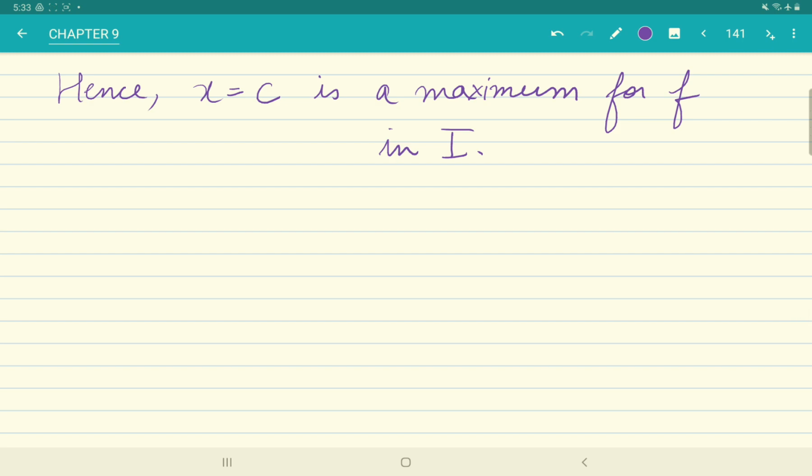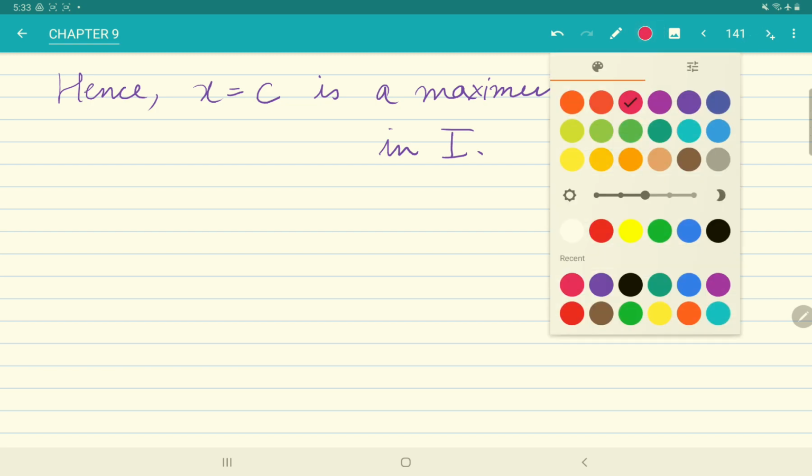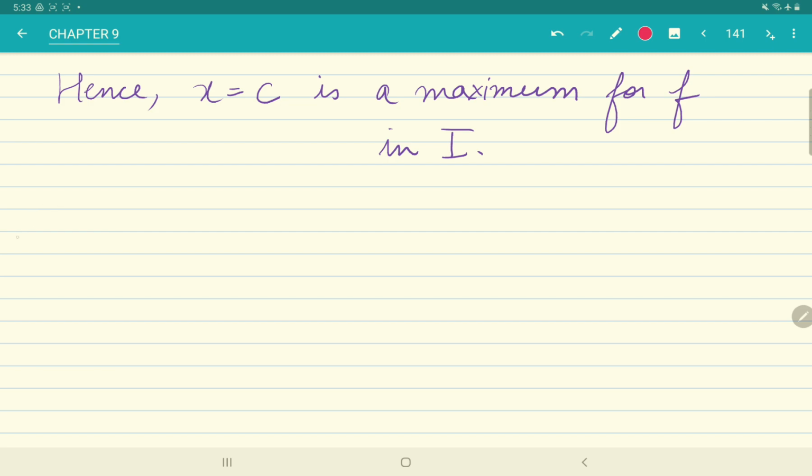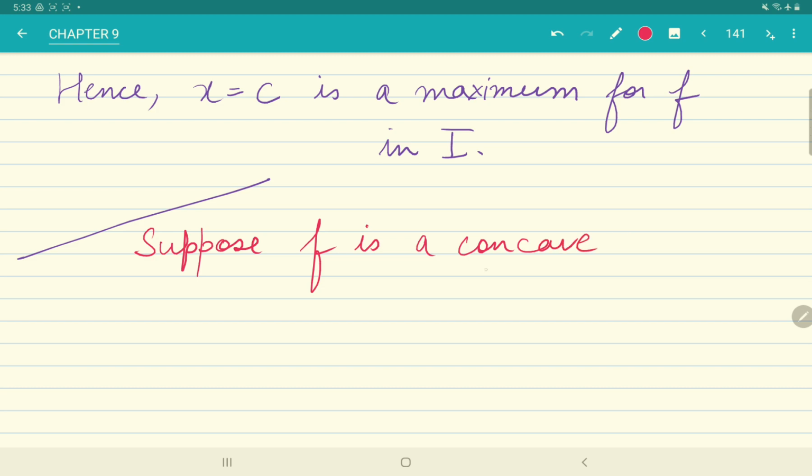We can have a corresponding result for the minimum of a convex function. So what we are left with is this very important result that I can write here. Suppose f is a concave function, and I can get to the convex part of it also.